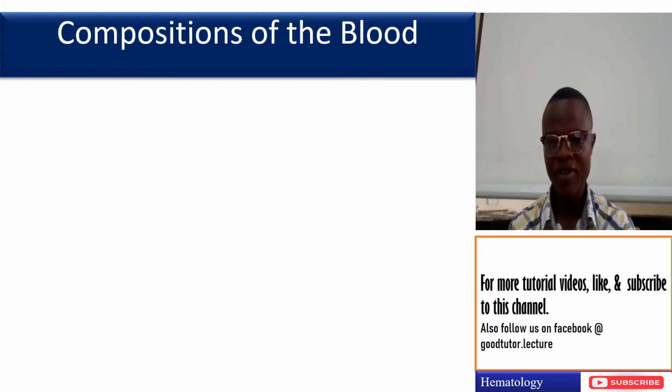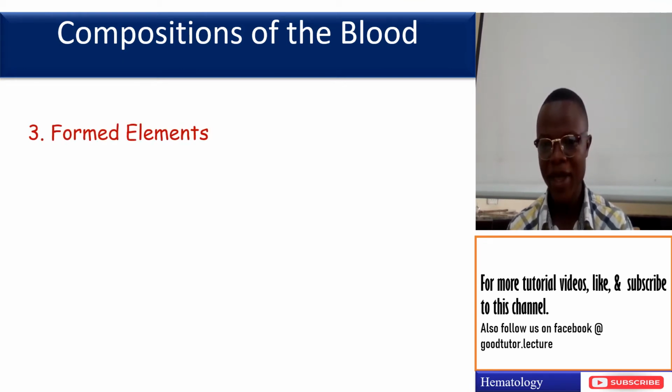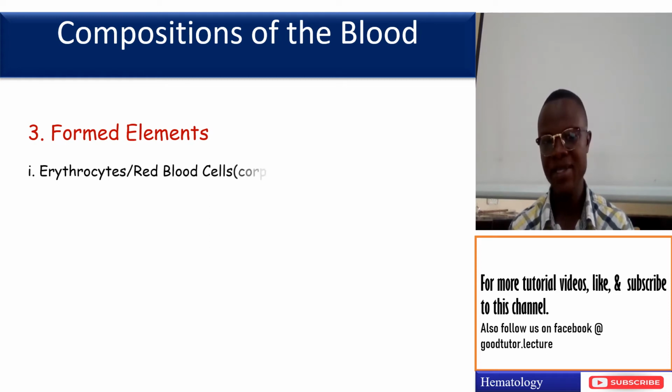With the completion of our discussion on the plasma component or the fluid component of the blood, we'll now turn our attention to the formed elements. What are these formed elements? As we highlighted, you already remember some from our introductory slides. Those are the erythrocytes, also known as red blood cells or red blood corpuscles.